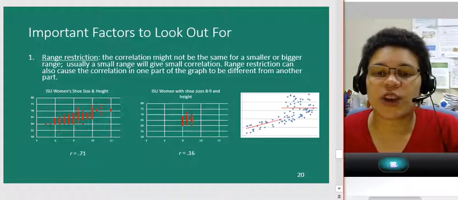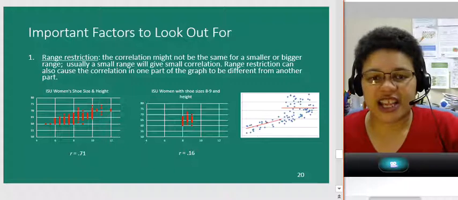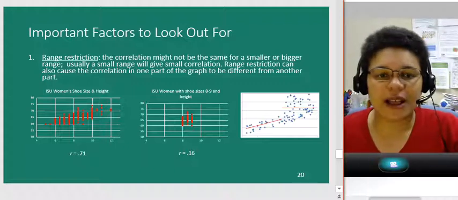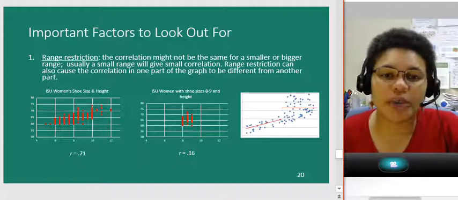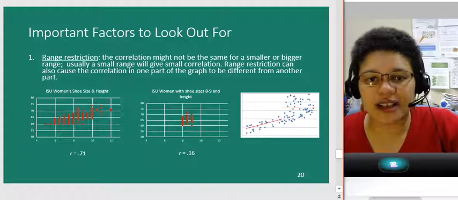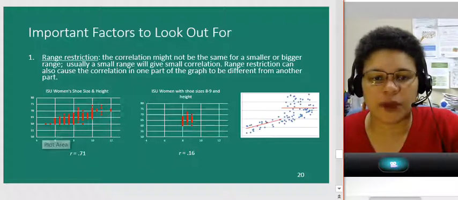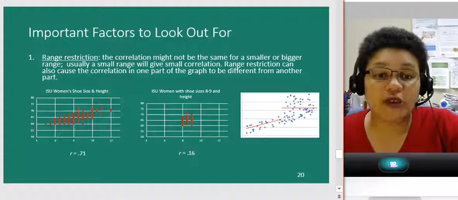Now, this is where correlation can go wrong. First of all, range restriction. The correlation might not be the same for a smaller or bigger range. A small range may give a small correlation. You can't really see the pattern in a small range. For example, if you're looking at shoe size and height, in the first graph, it says at the bottom R equals 0.71.